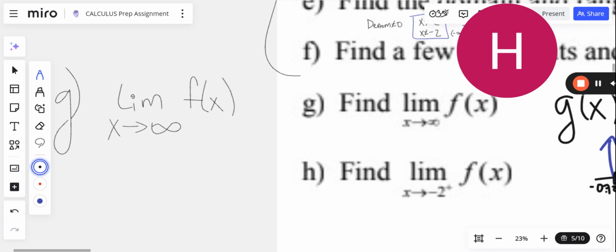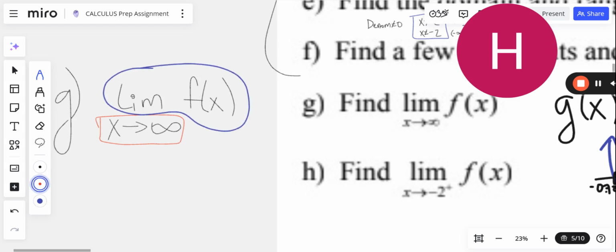Limit means that we're going to try to determine the y value, or at least where it seems the y value is going towards. And this notation on the bottom tells us where we should be looking from left to right. Got that? So one more time. The f of x is the actual y value that we're looking for. This just tells us when, or sort of where specifically we should be looking, left to right.